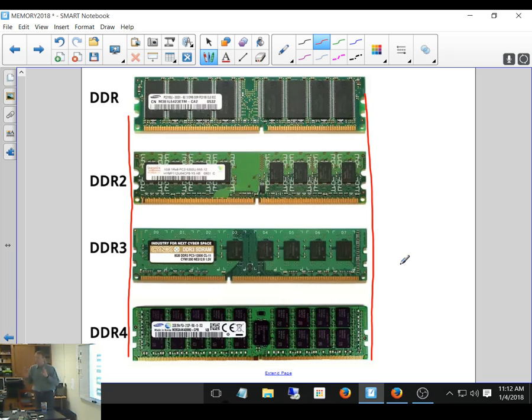Now, if we went and looked at DDR memory, you're going to see CAS latencies as low as 5 and 4. And up in DDR4, they're going to be up in the 15s and 16s. Why would it take more trips with newer memory than it did with the old memory?